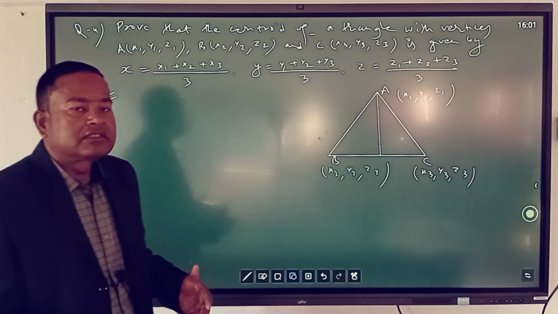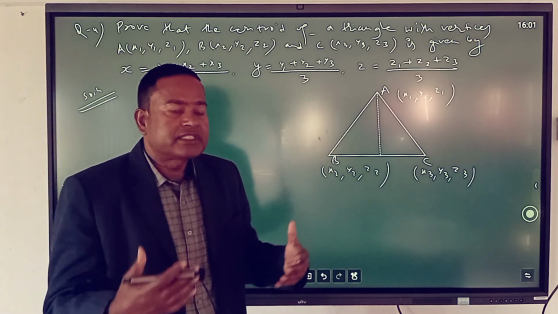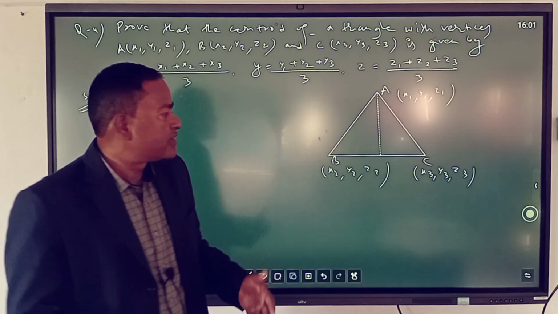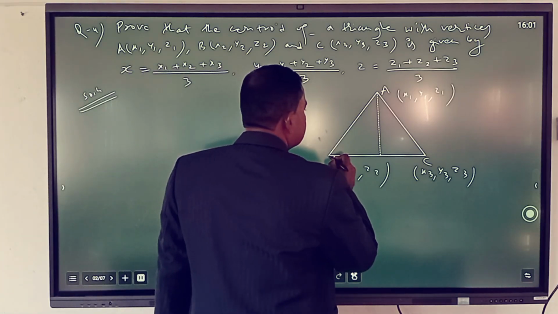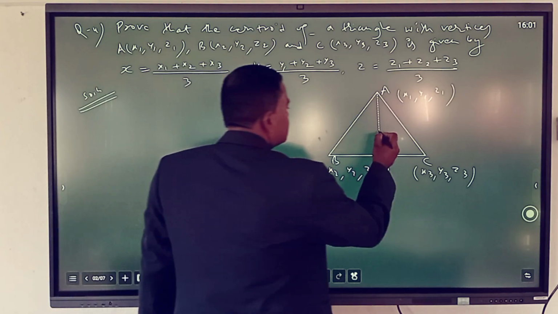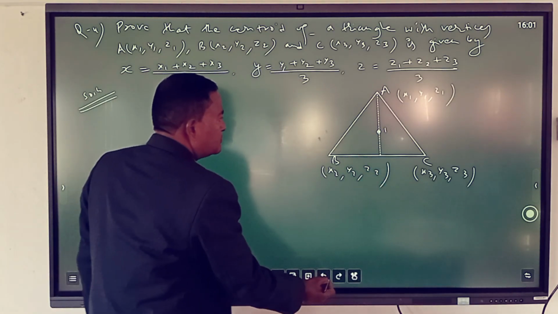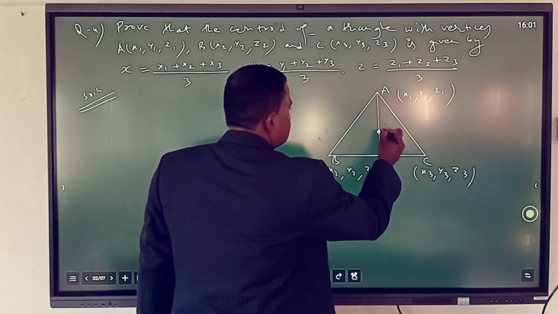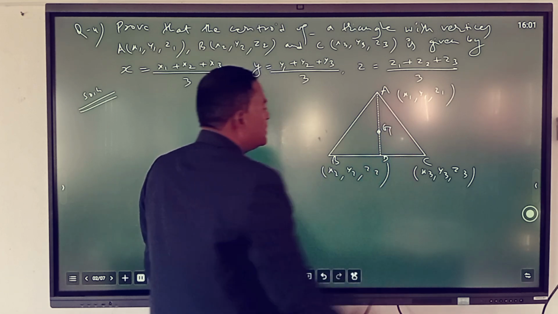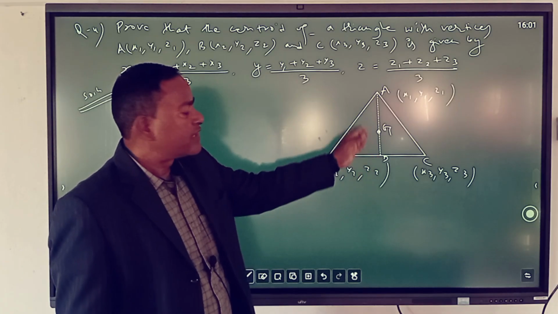We know that the intersection point of the medians of a triangle is known as the centroid. Let us say G is the centroid of the triangle ABC.